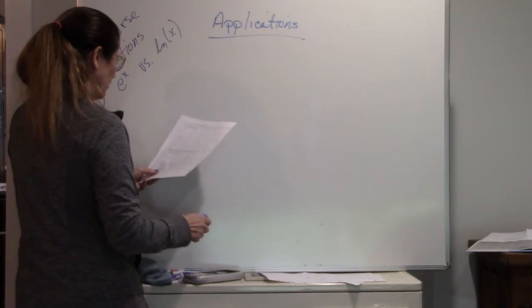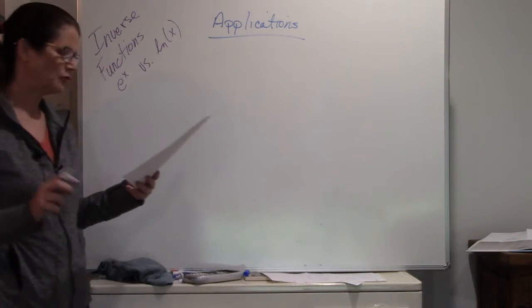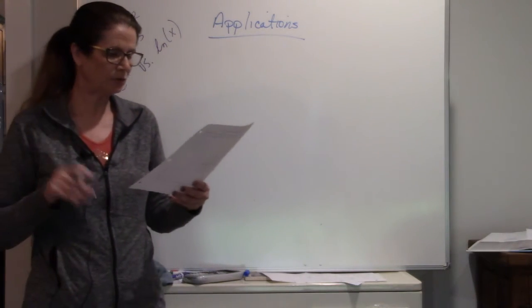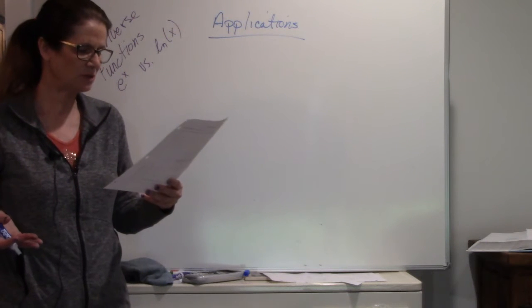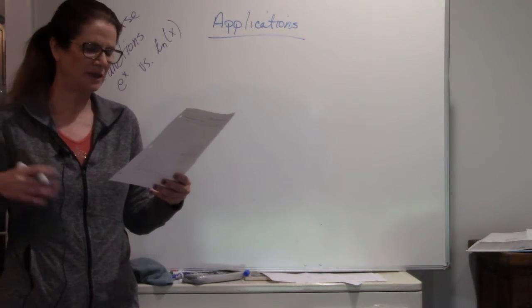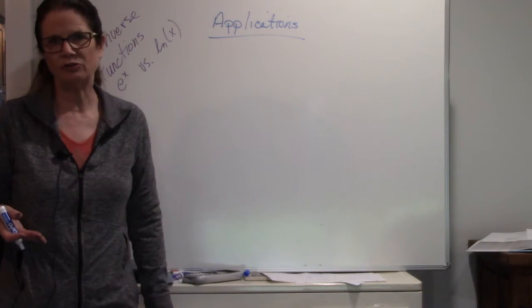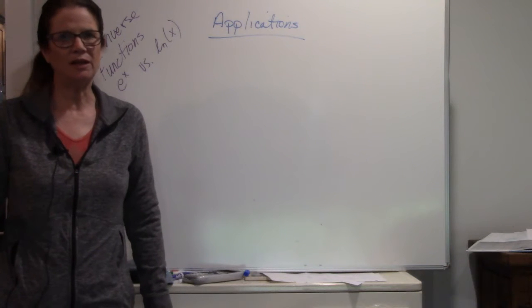Stan takes out an $800 student loan, and in 3 years, after making no payments but accruing interest continuously, he owes $1,100. What's the rate of interest that Stan is being charged? So here's the scenario. He took out a loan for $800. He has not made any payments.